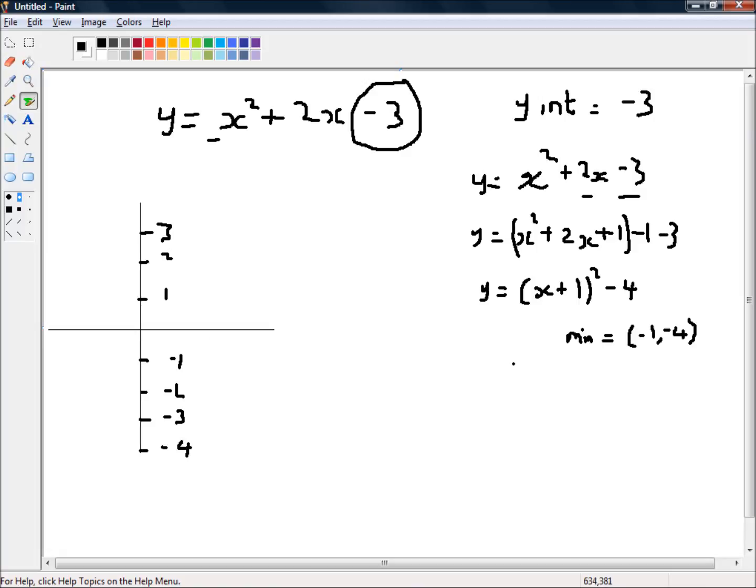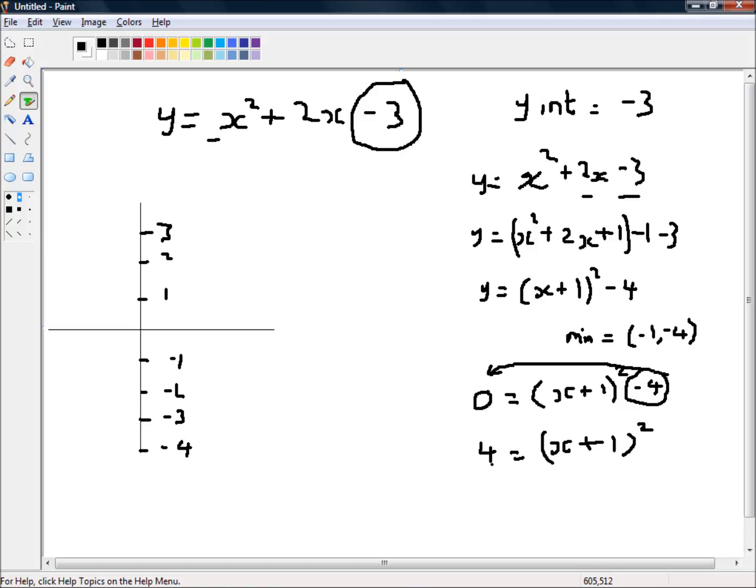Okay, so to find the x-intercepts, we just set y equals 0. So 0 is equal to x plus 1 squared minus 4. So if we take this negative 4 across, we've got 4 is equal to x plus 1 all squared.